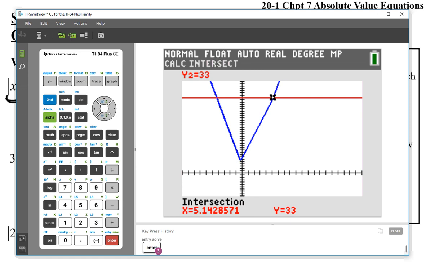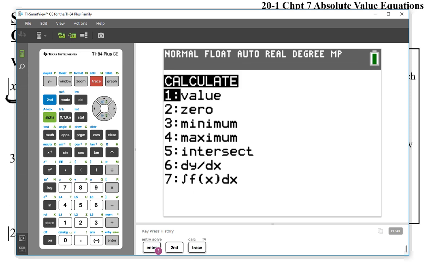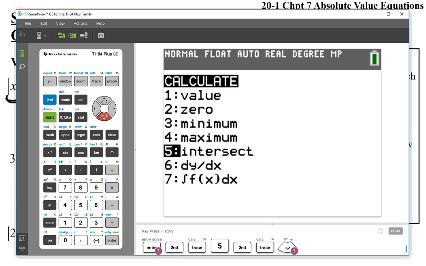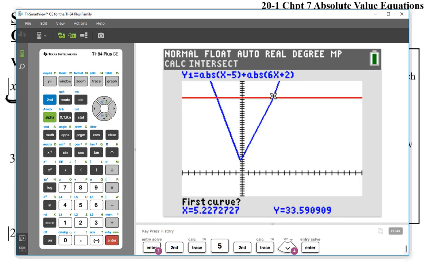There's one possible solution. Round to the hundredths place, and you can see in your booklet, this one actually has the answers, so you can verify if they're correct. 5.14. We need to get the second intersect point, though. So second trace, 5. Again, second trace, going to the intersect. Now we have to scroll to get there.